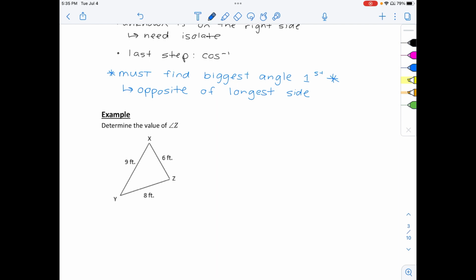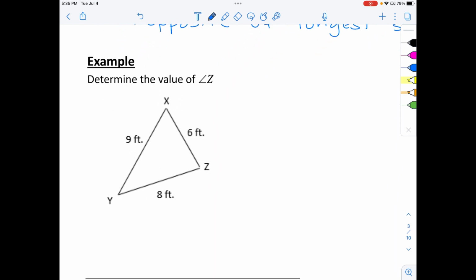However, what I find most students prefer to do is to just cross off X, Y, Z on the diagram and replace them with ABC. It doesn't change anything other than making it easier for you to see what's happening. It doesn't really matter which you replace where. I'm just going to call this A, B, C. Technically I should have gone counterclockwise, but again, it doesn't really matter.